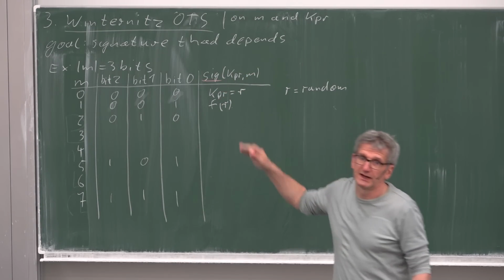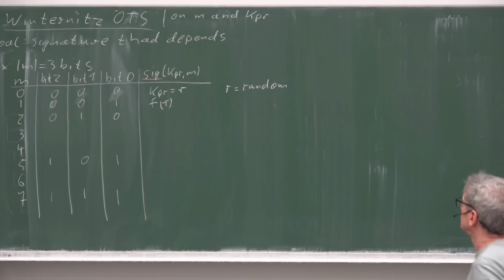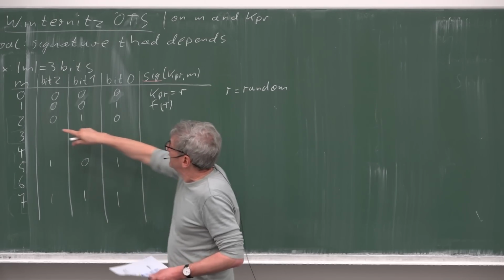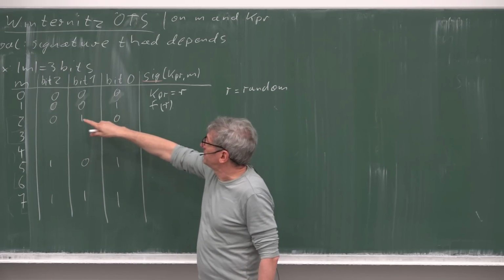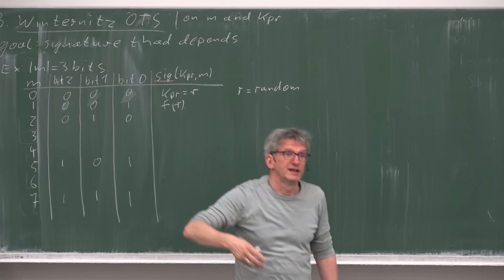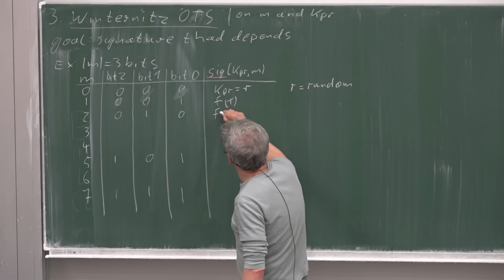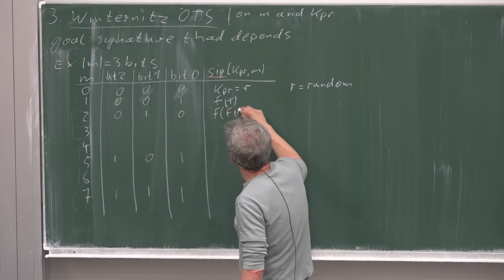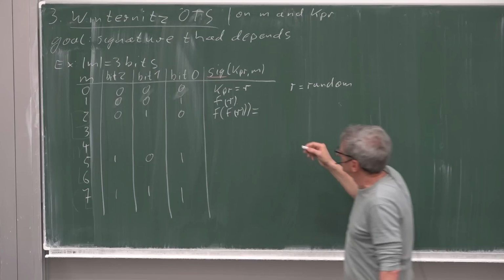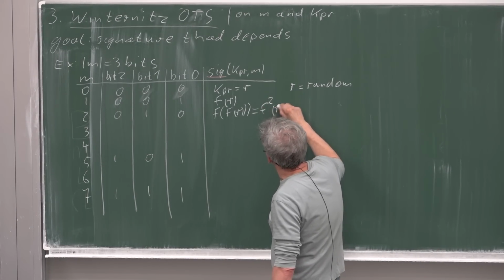So what you see in the column, the signature is a one-time hash. If the message happens to be the bit pattern 010, so the decimal 2, we hash 2 times. So we do f of R, and there's a shorthand notation, namely f square of R.